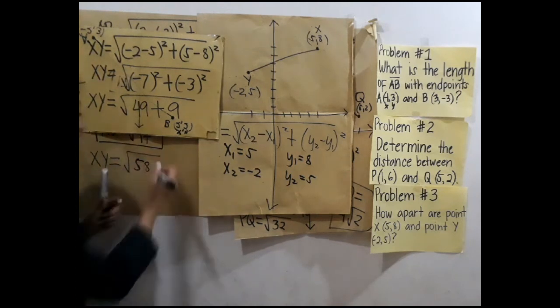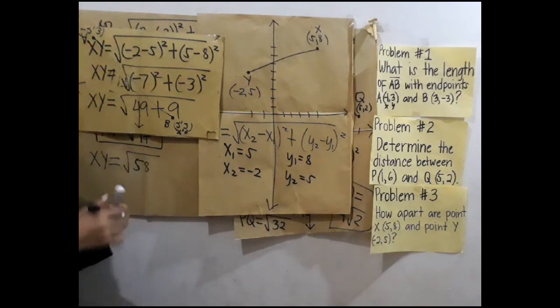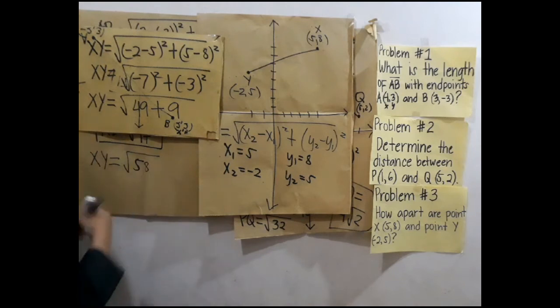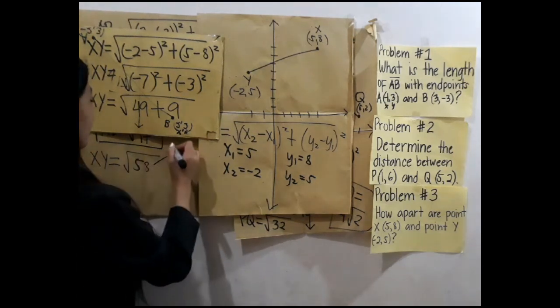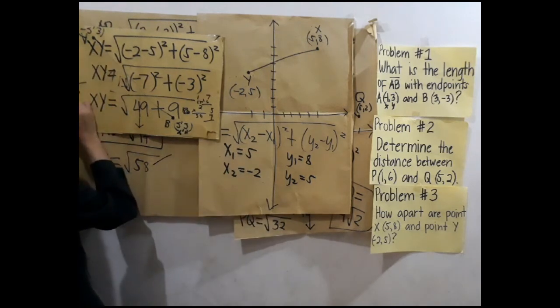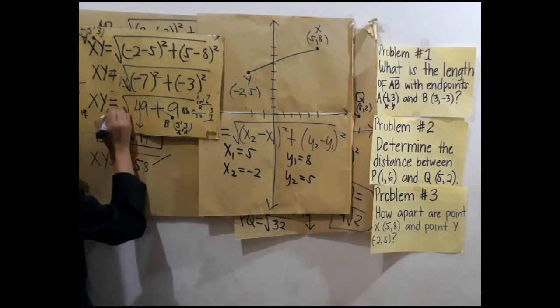58. Is 58 a perfect square? No. So we have to think of a number which makes it the simplest form. So we get positive 29 and 2. 29 times 2 is equal to 58.